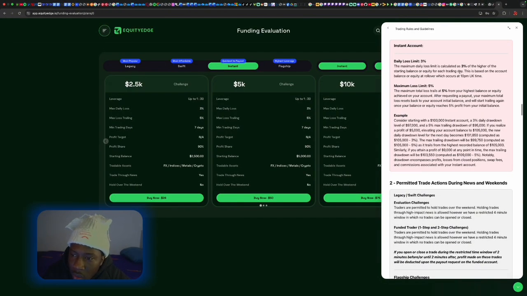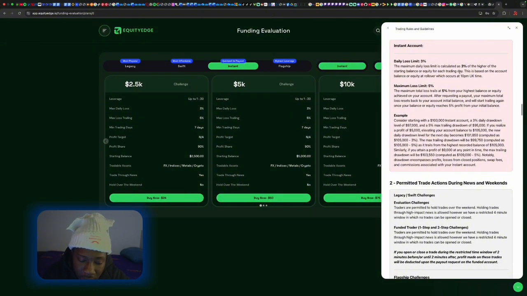They said this daily loss is determined by the starting balance or equity for each day. So if I trade this 5k account to, let's say, 500 more profit, their daily loss is going to start from there, not from 5,000, because they said the 3% begins on the starting balance or the equity for each day.